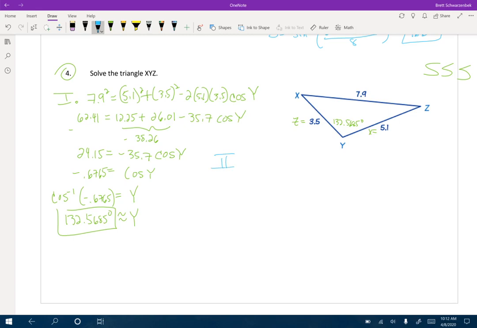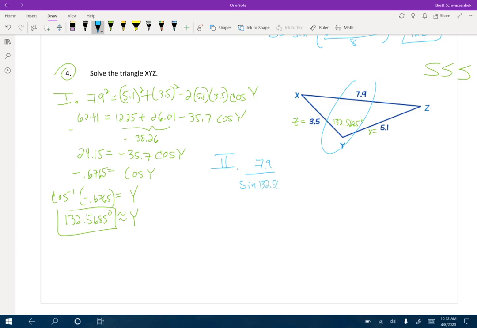Okay, so if you recall, step 2 is not supremely important. They basically say find either one of the remaining angles that are left. So there's no size requirement here. So for example, I just picked Z, right? So could you have picked X? Sure, but I just picked Z, so that's what I'm going to do. So what do you do? You take the ratio of sines for law of sines to set up, which is 7.9 over the sine of 132.5685.